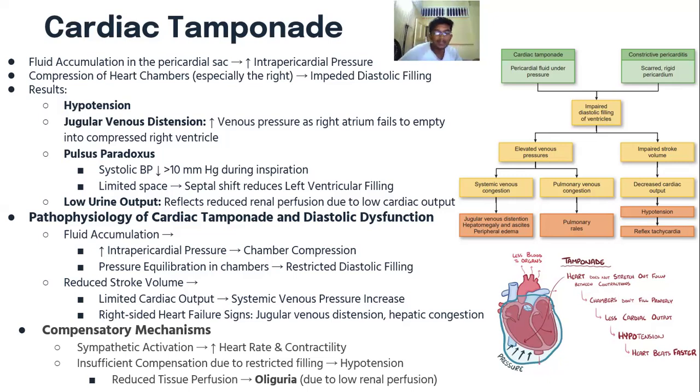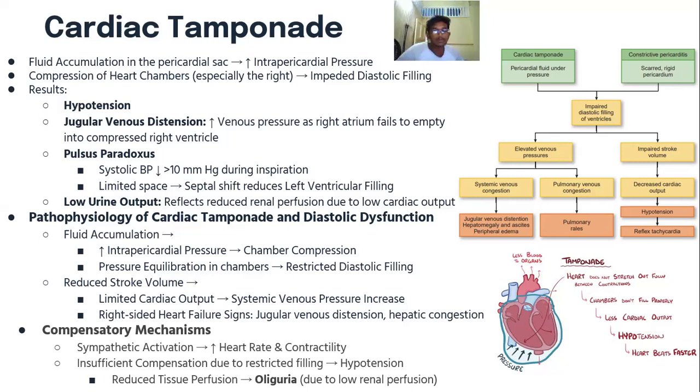This in turn limits cardiac output. Cardiac output is the volume of blood pumped per minute. Restricted filling increases systemic venous pressure as blood backs up in the venous system, causing signs of right-sided heart failure such as jugular venous distension and hepatic congestion.